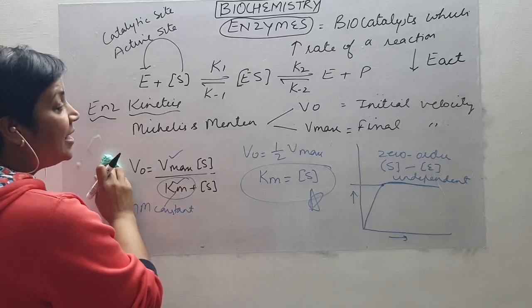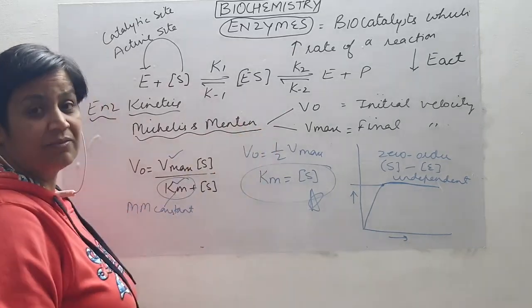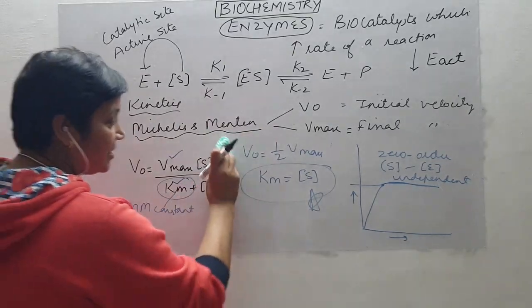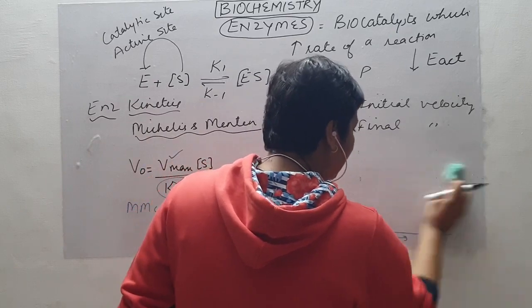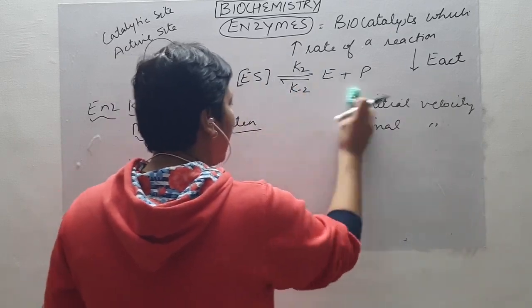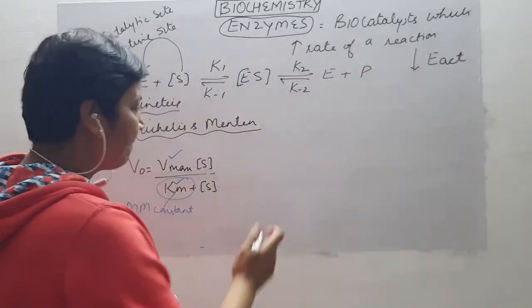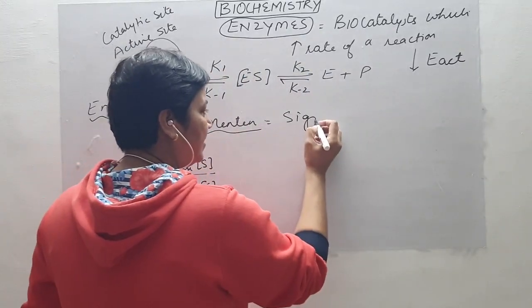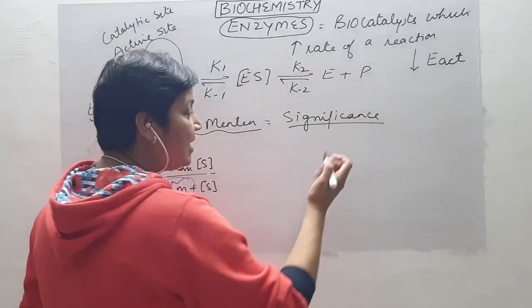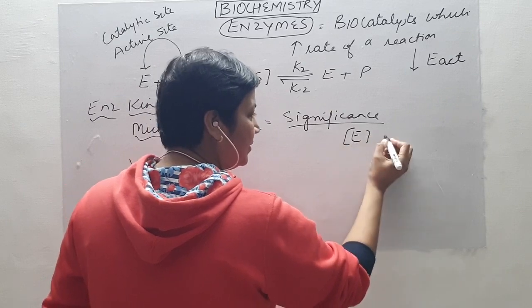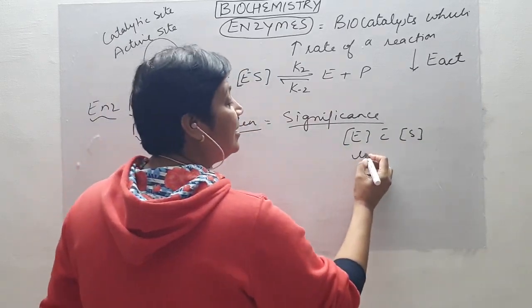So what is the significance of this Michaelis and Menten equation? Very, very important. It defines the affinity of the enzyme with the substrate, and it is inversely proportional.